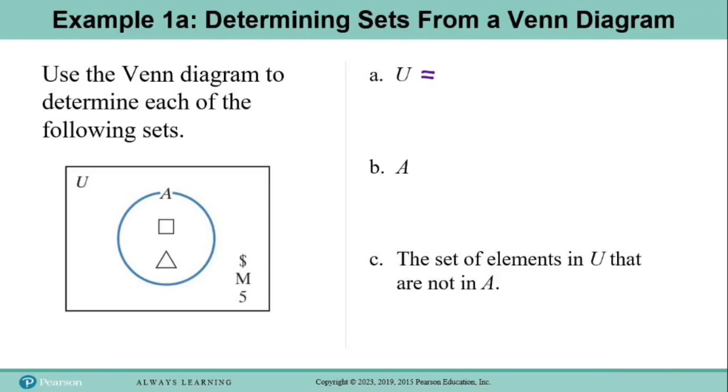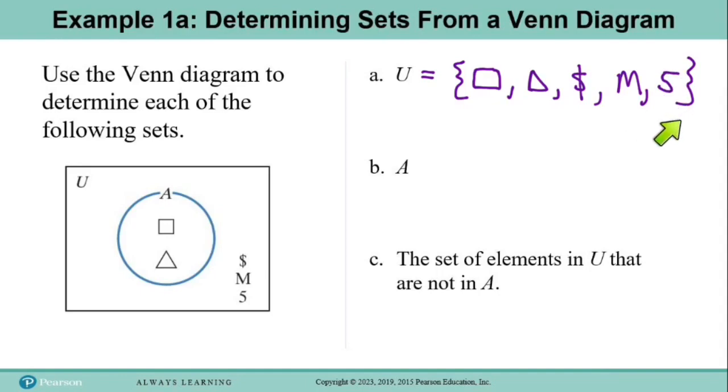So let's open a set of curly braces and just list all of these elements. So we've got the square, the triangle, the dollar sign, the M, and the 5. And of course, as we're listing elements, we separate each of them with commas. And then don't forget to close your set with a pair of curly braces. And now in part B, they asked us to list all the elements of set A. So again, we'll put equals and open a set of curly braces, but the only elements in set A are the square and the triangle.